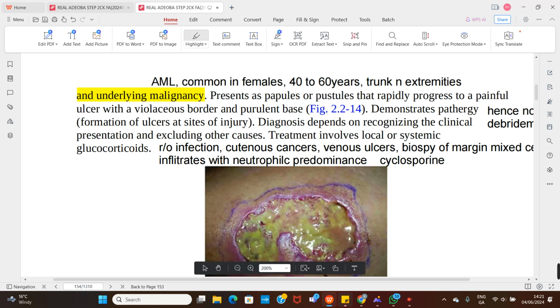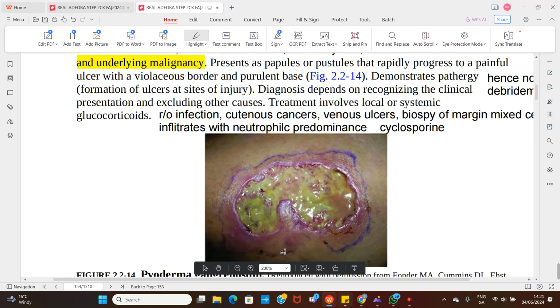And when they form that ulcer, you are going to see that the margin of the ulcer is going to be purplish in color, and it's going to have a purulent base. You can see this pus here within the floor, the base of the ulcer.